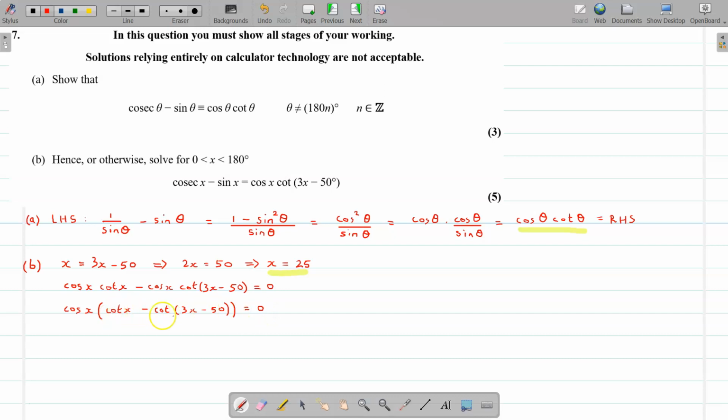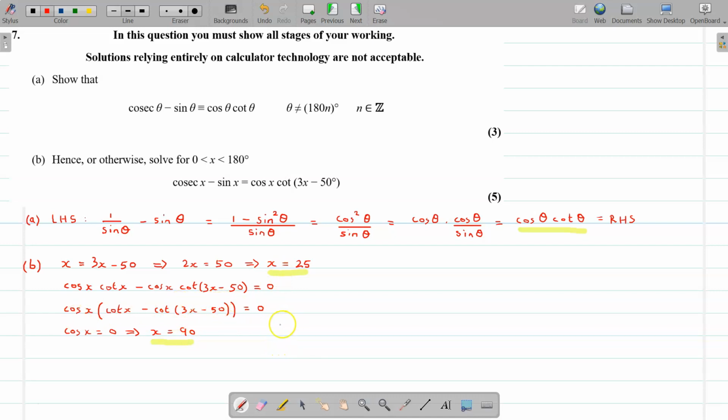Okay, so from this I still get my solution that x is 25, but I also get that cos x equals 0, okay, which implies that x would equal 90. Okay, I'm just going to highlight that as another solution. Okay, and it would be very easy to miss that one if you just did purely what I've done up here. Okay, so I could have gone straight to this and done that and that from this part here.